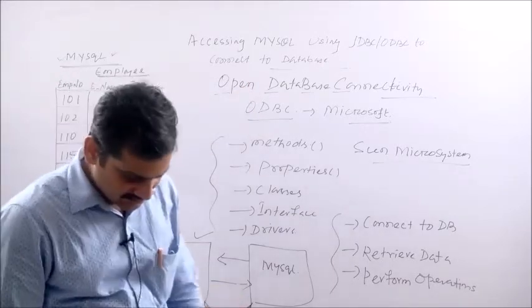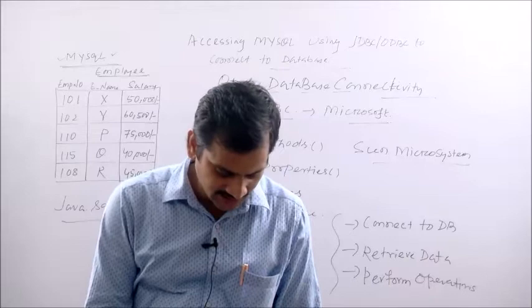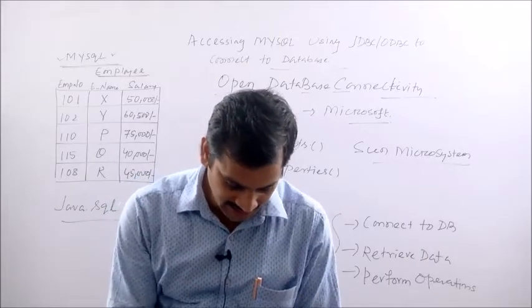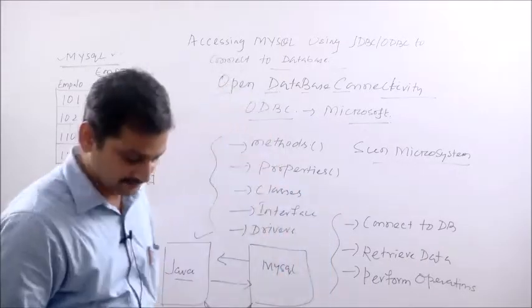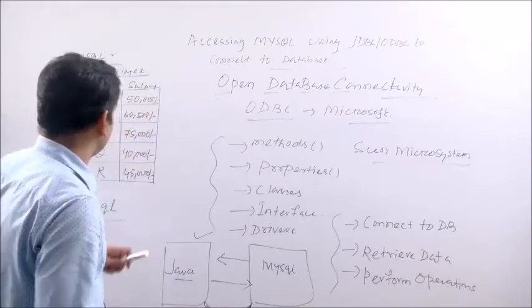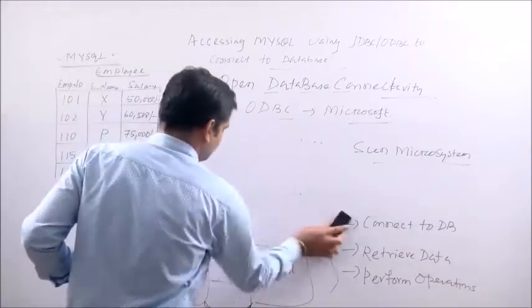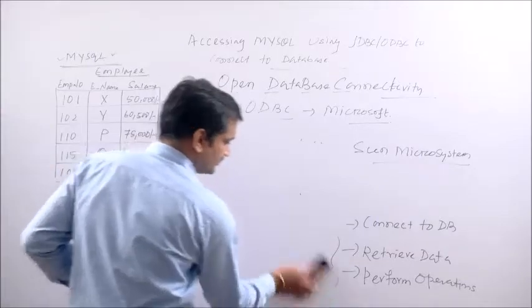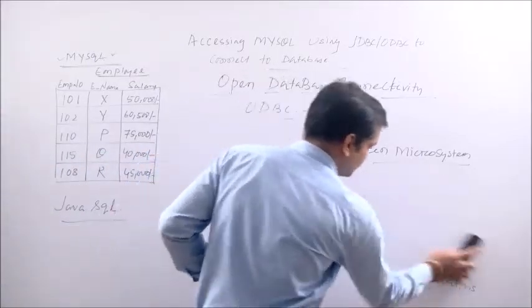Now, because we are going to discuss here how we communicate through a Java program with a MySQL database, let us move into that and discuss with some examples how this connection is possible and how we can do it.